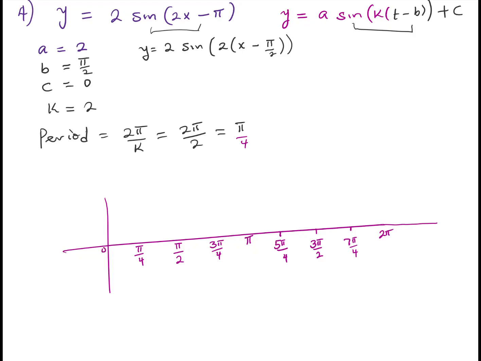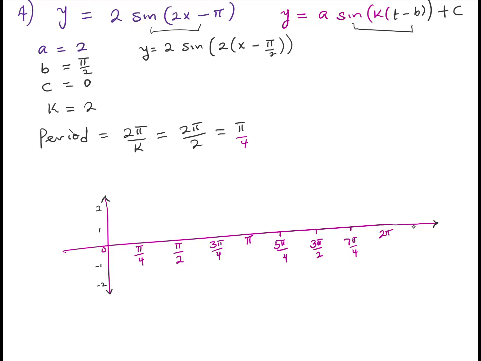This is 0, 0, then the amplitude is 2. So this is 1, this is 2, -1, -2. And so what else we have?